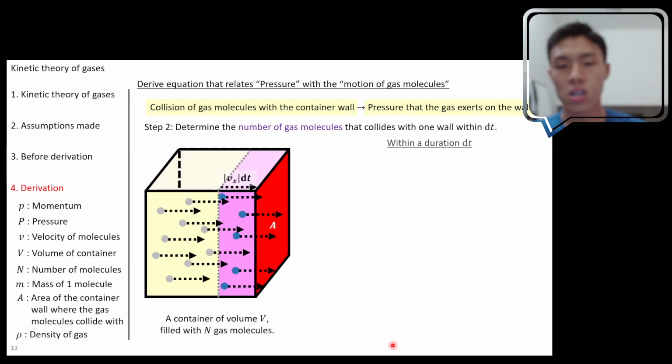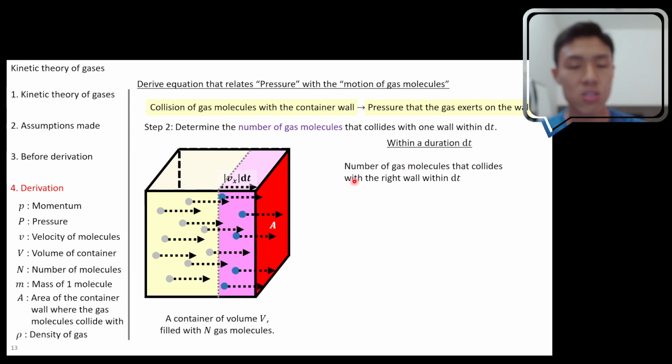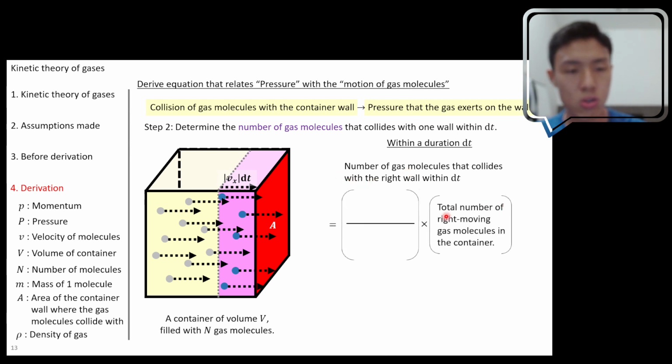Okay. So within the duration dt, we are going to change it to dt just to make the calculation more accurate. You know that the total number of right moving molecules in this container will be all the molecules that we are seeing here. But how do we isolate those molecules that are in the pink region?